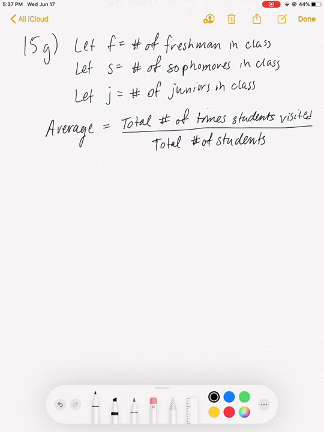Okay, so the average that students visit each week for office hours is equal to the total number of times that students visited divided by the total number of students. We know what the average is, so the average is given to us as 1.47.